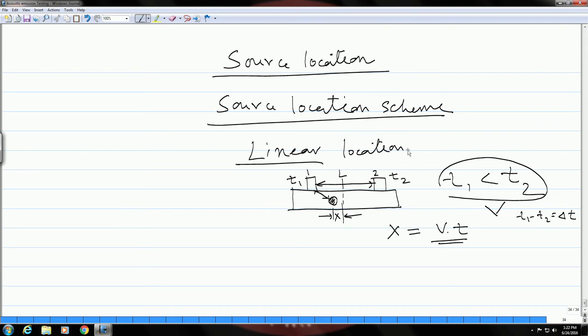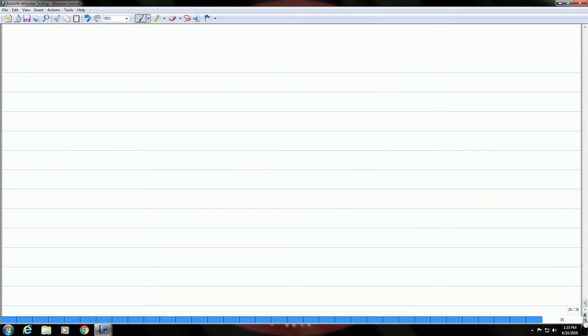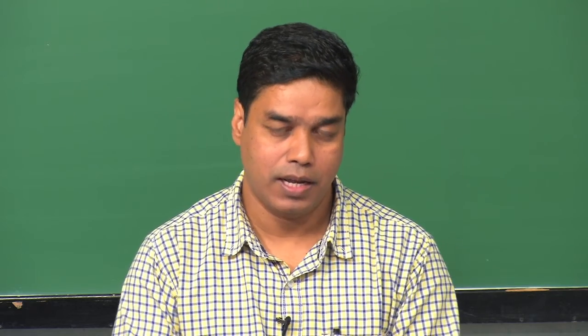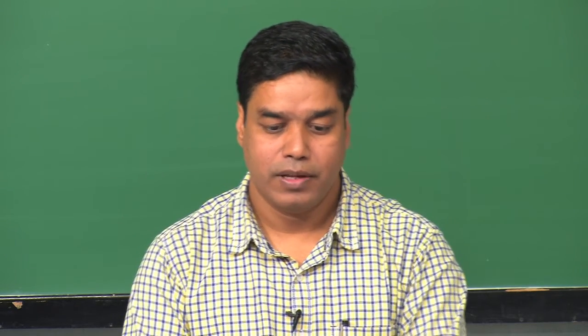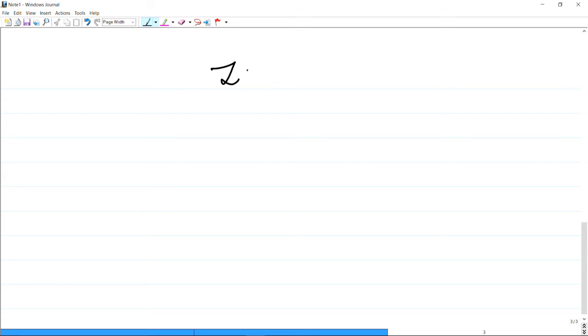but you might have some complex geometry, or the structure could be complex, which may not be exactly linear. So, in those cases this kind of linear location technique cannot be used. So, if you have other complex kind of component or structure to be inspected, and if you want to get some idea about the location of the sources, then you have to use the zonal location scheme.